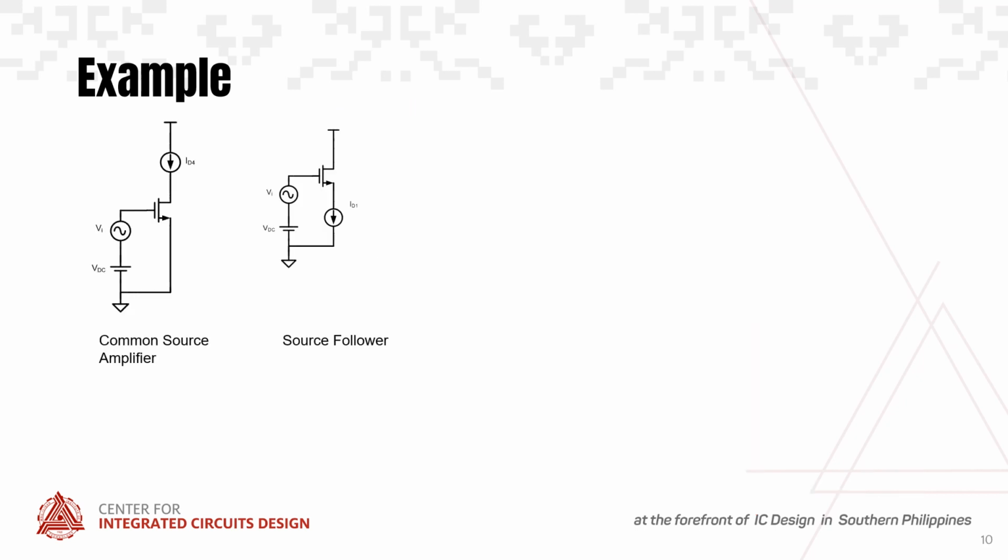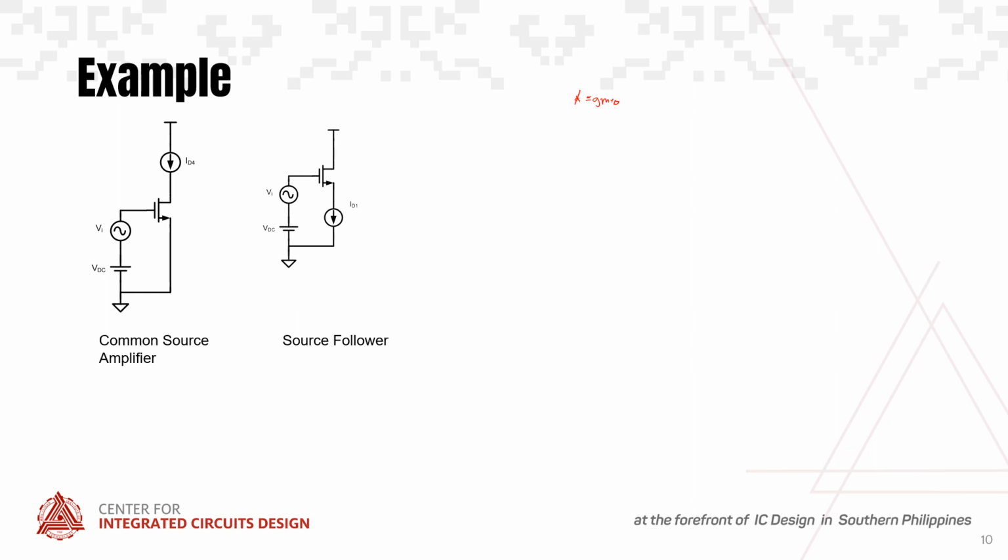Earlier in our first slide, we derived the intrinsic gain of a common source amplifier given an ideal bias, and we get the gain as equal to gm times rout. If you remember, A is equal to gm rout. But in a real circuit, everything is realistic, so those ideal values have real values in them.